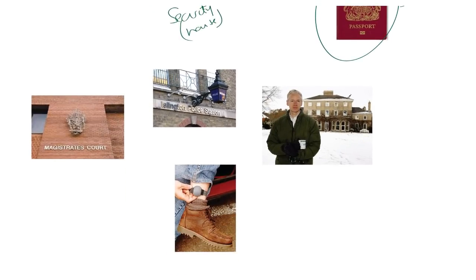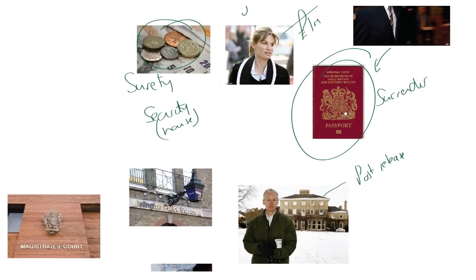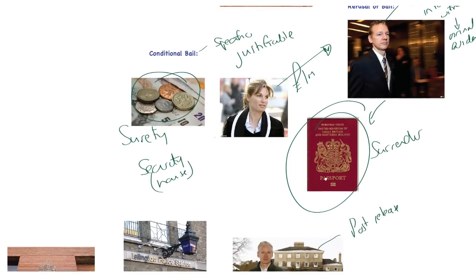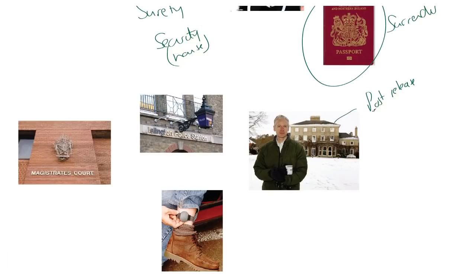Other conditions might be things like post-release conditions. So if those are the things that have to happen before bail is granted, you either offer a surety or security, then there might be post-release conditions. They might be to report at a police station every day. They might be that you have to live at a stated address.